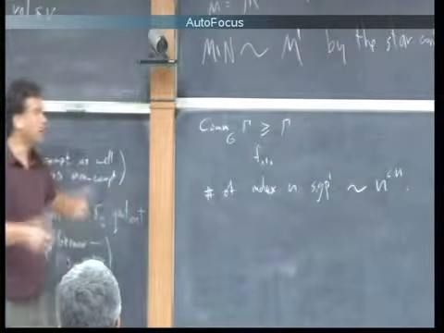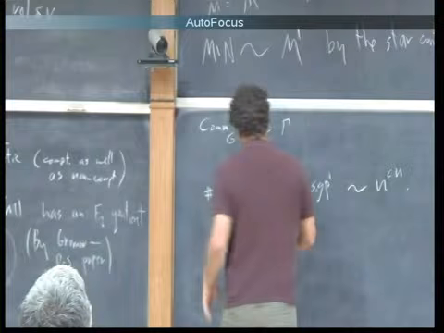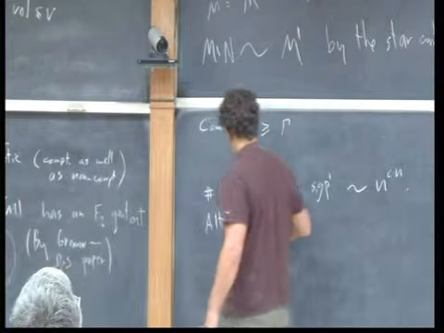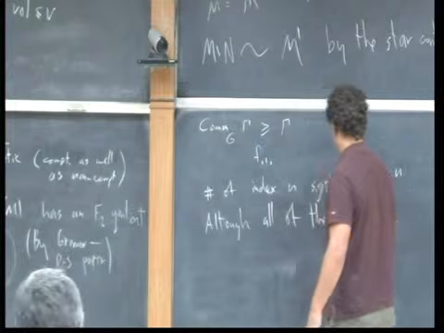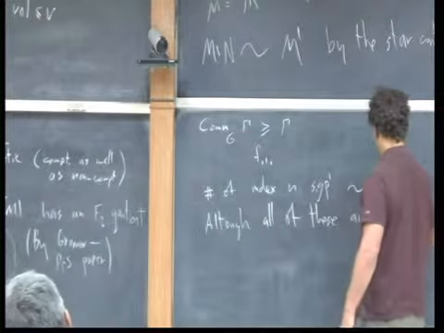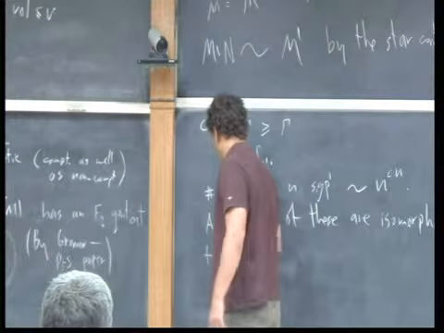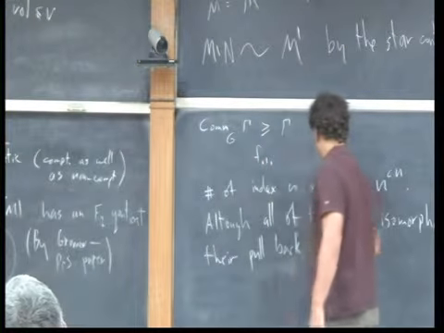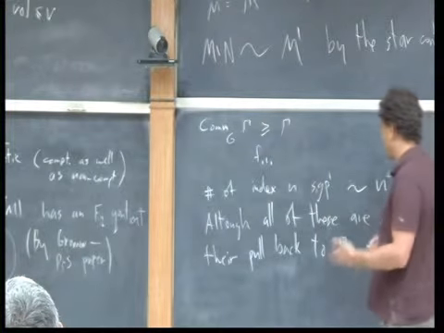But this group is almost gamma. So also if you count them, there is some counting argument you have to show, but although all of these are isomorphic, the pullbacks to gamma are non-isomorphic.